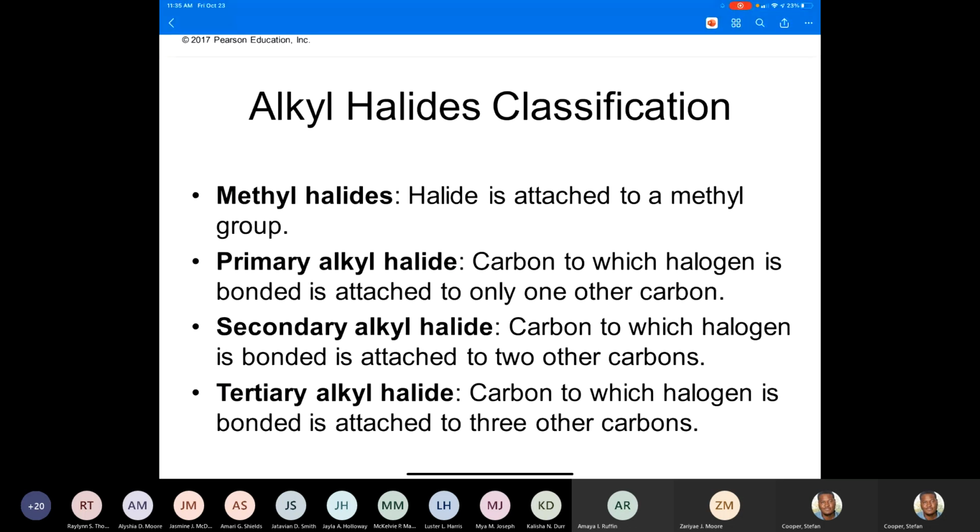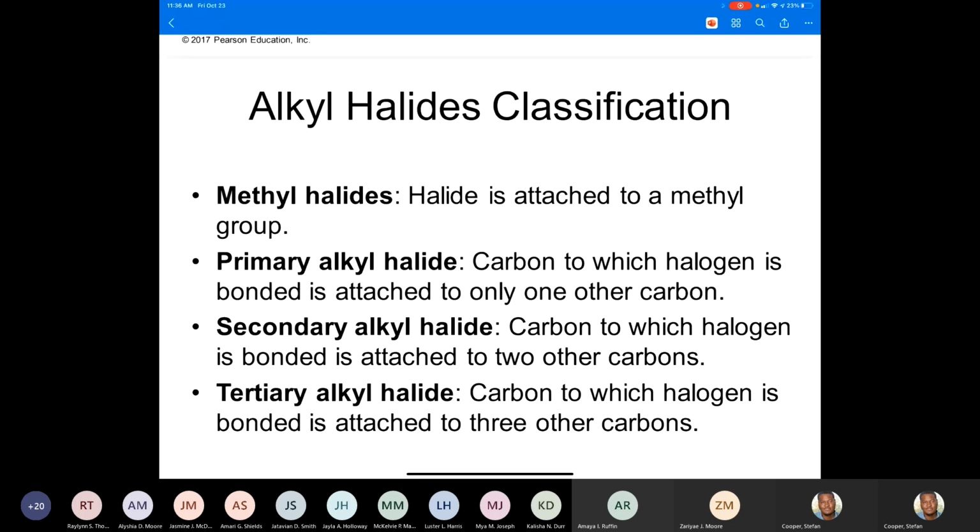The only difference is you have to have a halide present. A primary alkyl halide is a carbon containing a halide that has only 1 carbon attached to it. A secondary alkyl halide is a carbon with a halide that has 2 carbons attached to it. And a tertiary alkyl halide is a carbon with a halide that has 3 carbons attached to it.